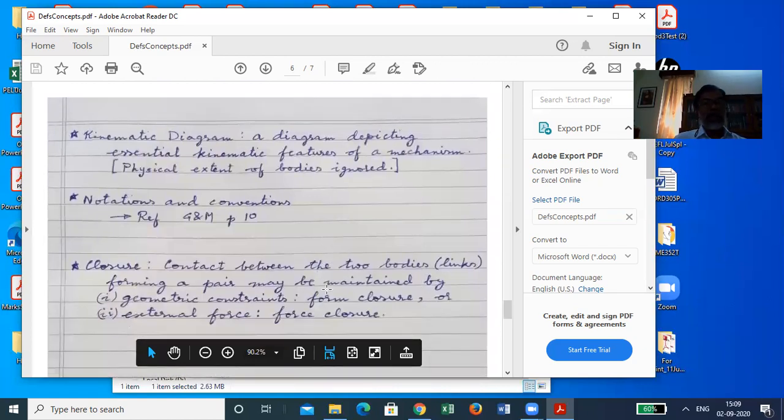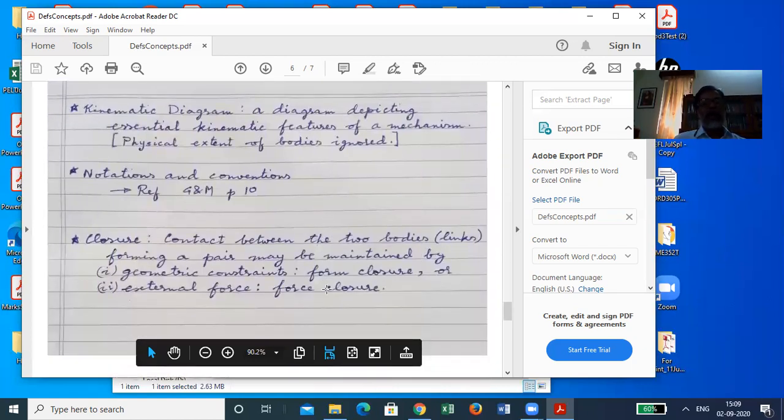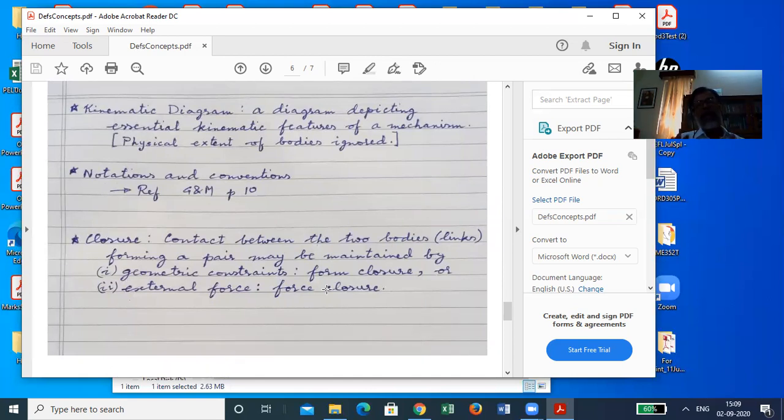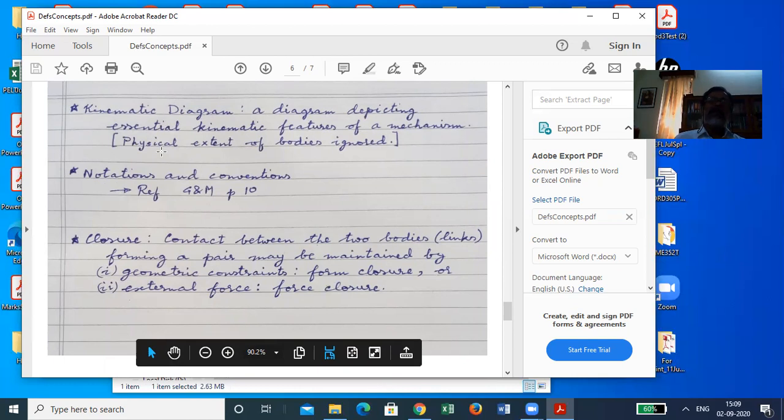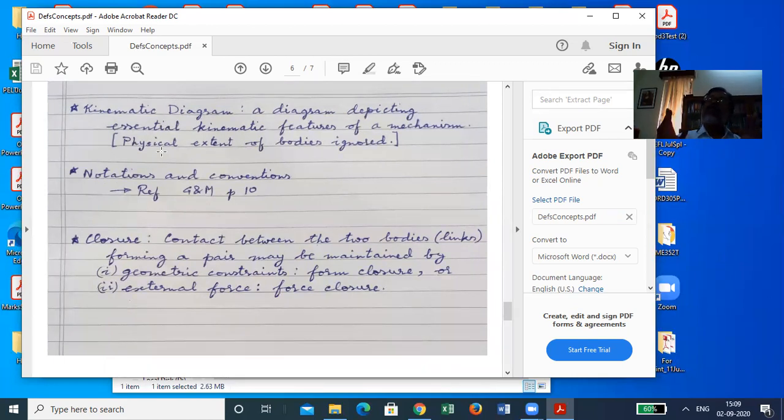You have graphic kinematic diagrams. Now, several kinds of diagrams we will be using. The most basic diagram is the diagram showing relative positions of the different links. And the term kinematic diagram has mostly captured the sense of the diagram showing relative positions of the mechanism.